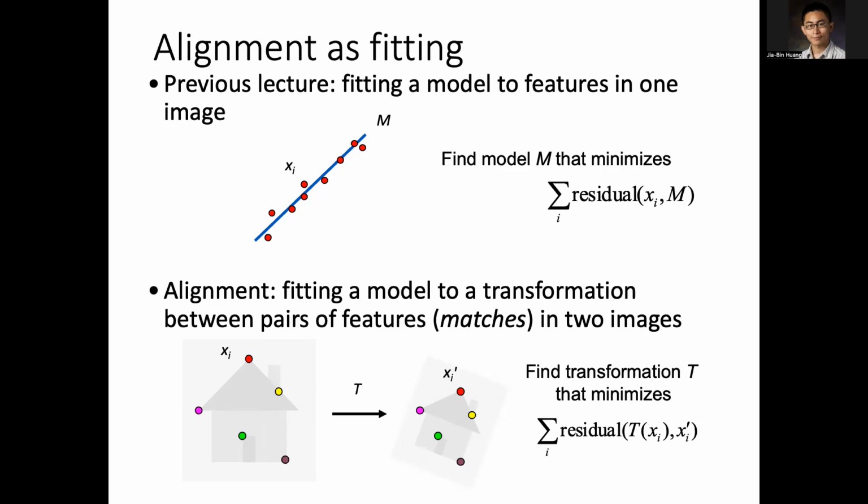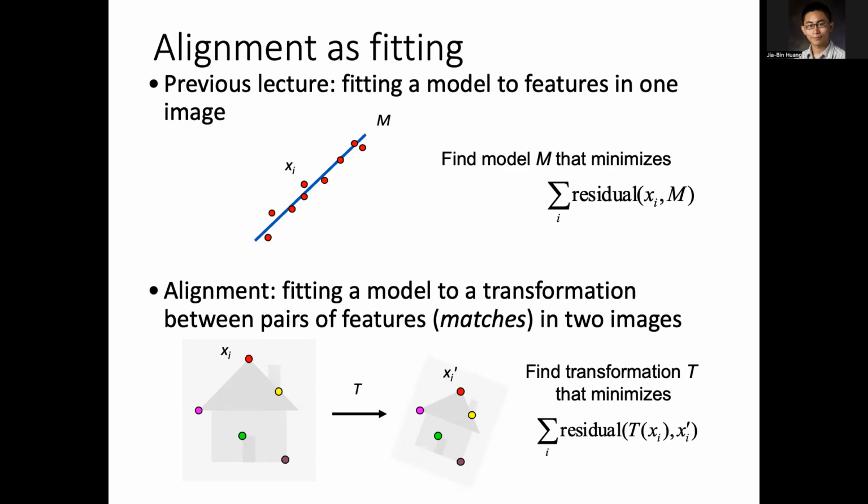By solving this: I want to find the T such that if I transform the i-th point in the first image, after the transform it will be very close to the corresponding point. Does this make sense?